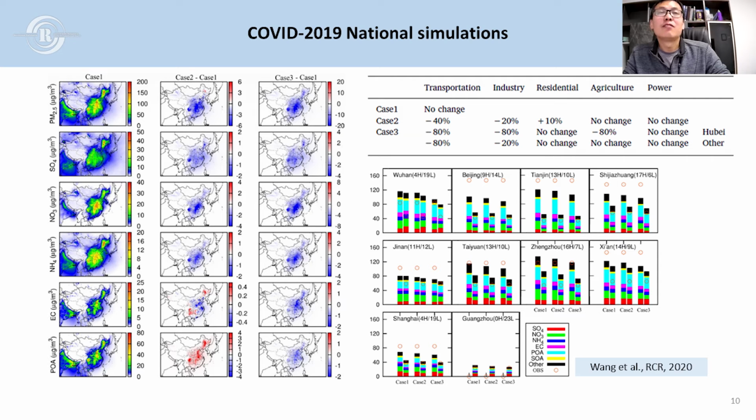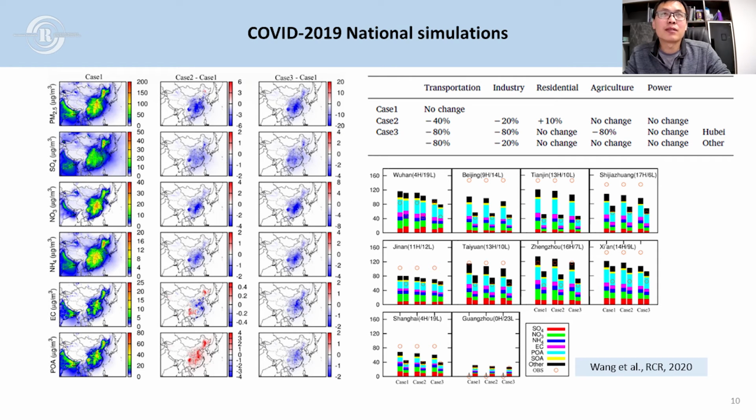We can see that for PM2.5 and all the major components of PM2.5, due to the lockdown, in case 2 and case 3, we have seen that the primary components are all reducing, except that in case 2, the residential emissions are increasing.